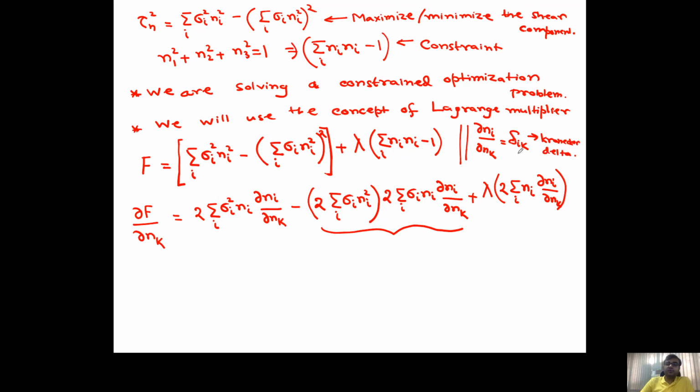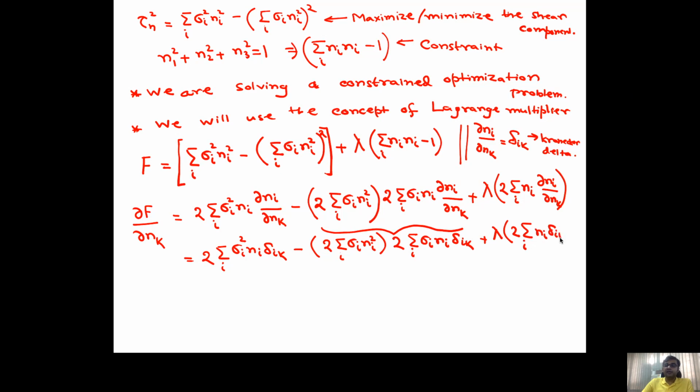We are going to use this, and that will reduce the expression to summation over i of sigma_i squared n_i delta_ik, minus, in the bracket it will be as it is, no changes, sigma_i n_i squared, and then this 2 summation over i of sigma_i n_i delta_ik plus lambda 2 summation over i of n_i delta_ik.